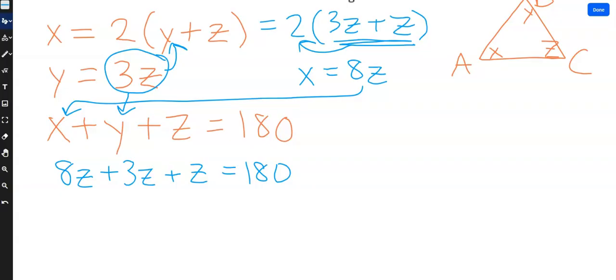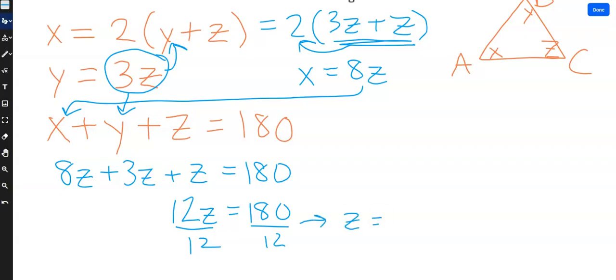So 8 plus 3 plus 1 makes 12 z's. And so now we have z equal to, handy dandy calculator, 180 divided by 12, 15.